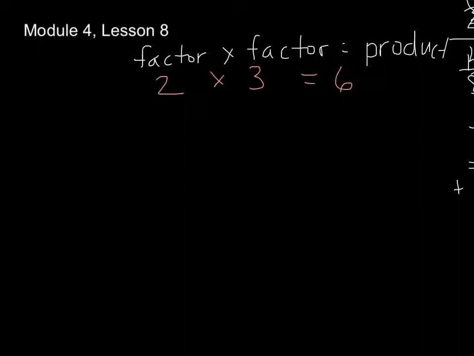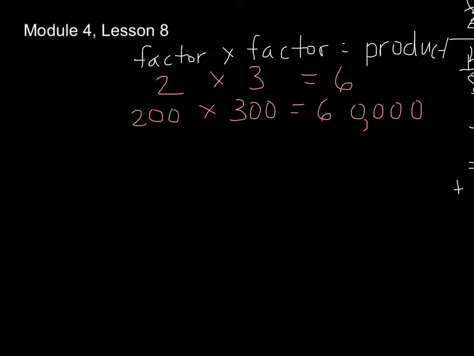And normally when I multiply a whole number times a whole number, my product is bigger than either of my factors, right? The bigger my factors get, the bigger my product gets. But we're going to see it's not always the same when you're dealing with fractions and decimals.